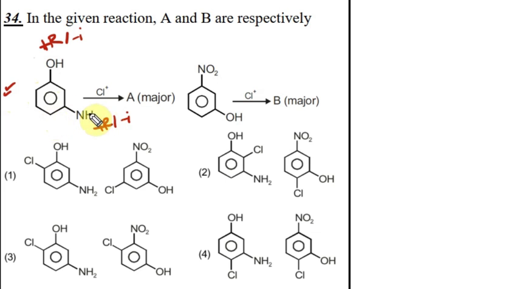Similarly, for this one this is ortho, for this one this is para. So both have plus R. Plus R of NH2 is better. Minus I of NH2 is weaker, but minus I of OH is stronger. So minus I of OH is stronger here and minus I of NH2 is weaker here, so there will be more electrons here compared to this position. So my Cl goes to the position ortho to NH2.